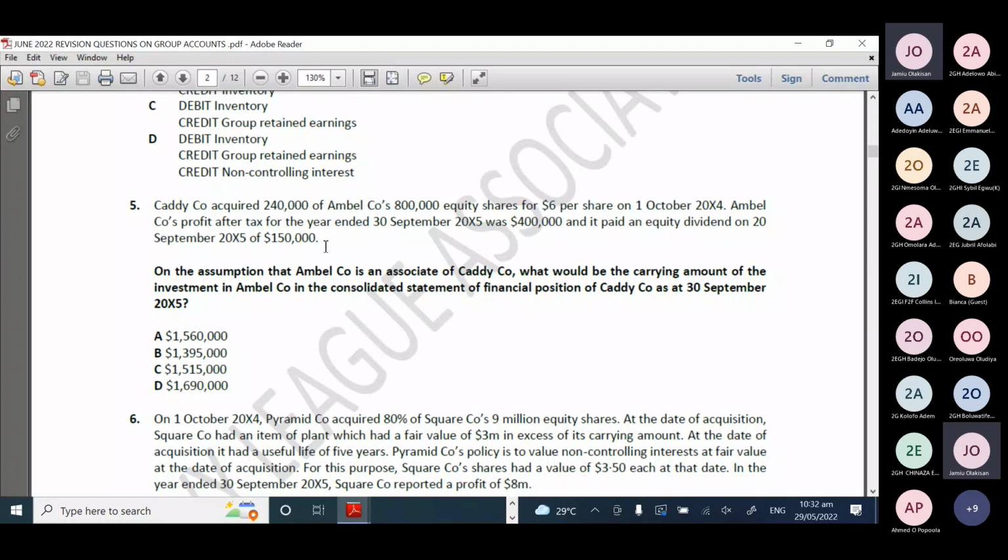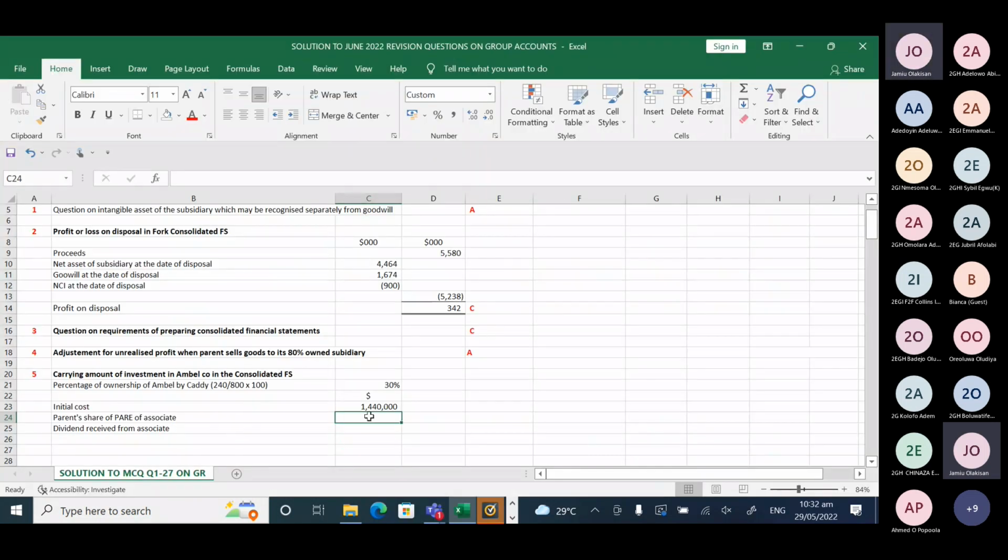It paid an equity dividend of 150 on 20th September, 10 days before the end of the year. So the group share of the post-acquisition earnings is 400 multiplied by 30%, which gives you 120. Then they pay the dividend, you will receive 30% of that, and that has to be deducted.